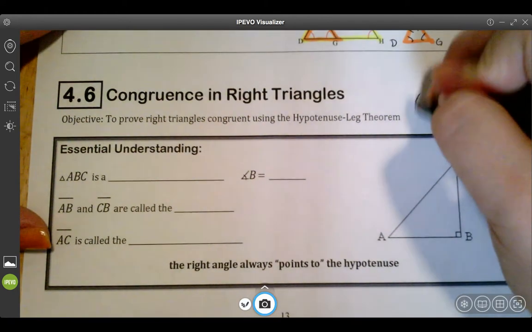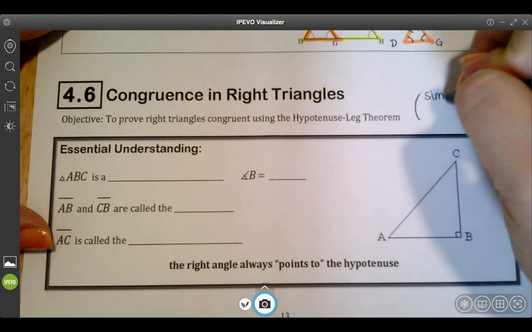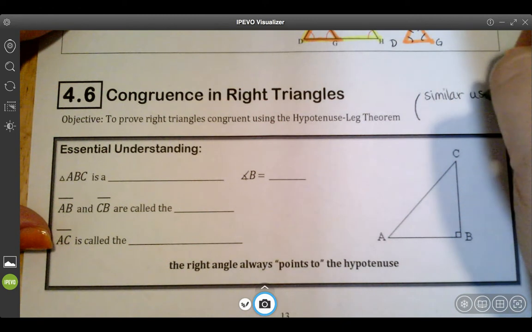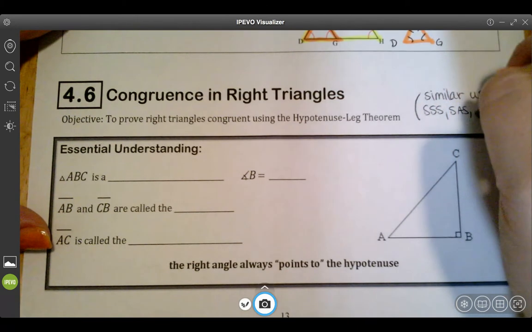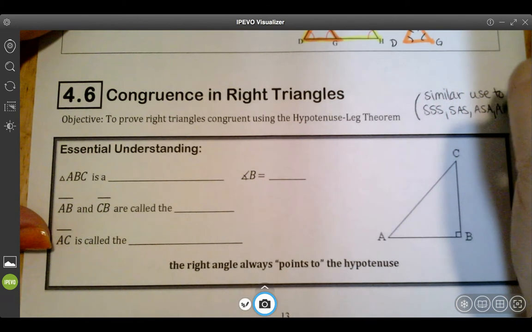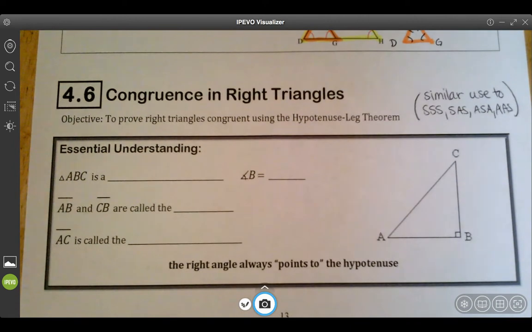I'm going to put here similar use to SSS, SAS, ASA, AAS, because we're going to use them in the same place in a proof, right? We're using them as the reason behind saying two triangles are congruent.